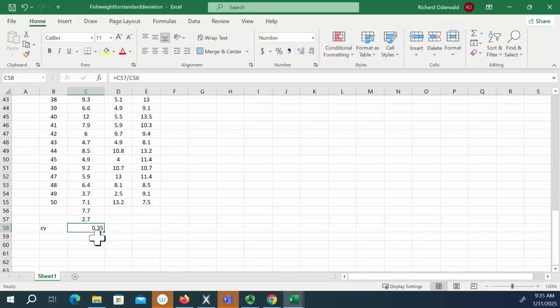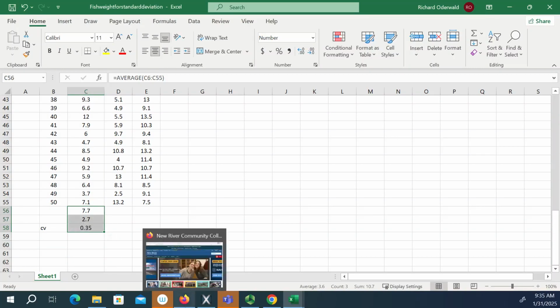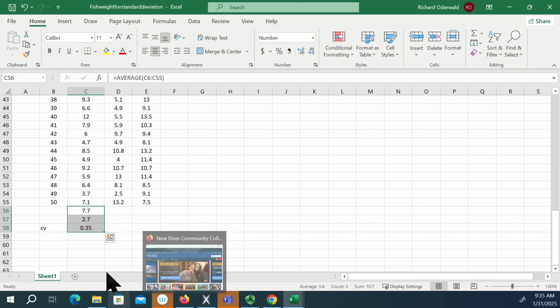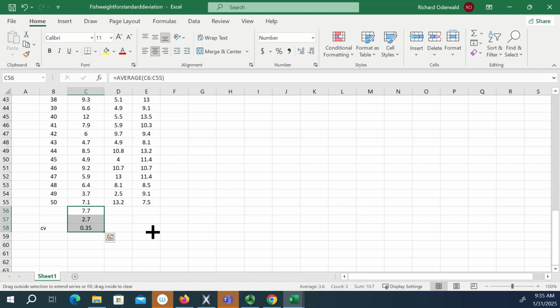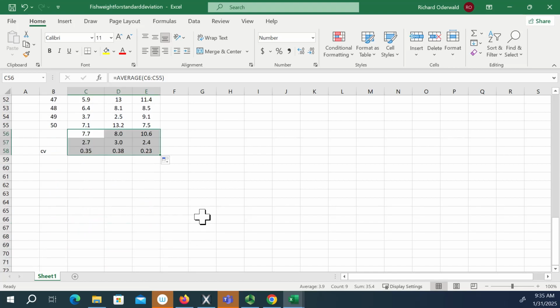And I want to look at each one of these. In Excel, I've got these formulas, and if I copy them over, they will do everything I need already. I could repeat the commands, or I can make them, copy them. This is the average for B, the average for C, standard deviation, and the coefficient of variation.